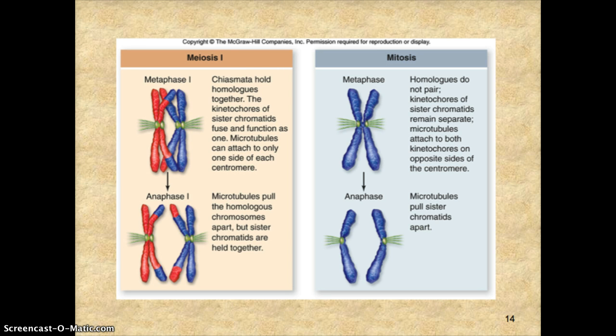Number 4, sister chromatids remain joined at the centromeres all the way through meiosis 1. And number 5, there is a second interphase between meiosis 1 and meiosis 2, and there's only one interphase in mitosis. That means that there's only one replication of DNA.